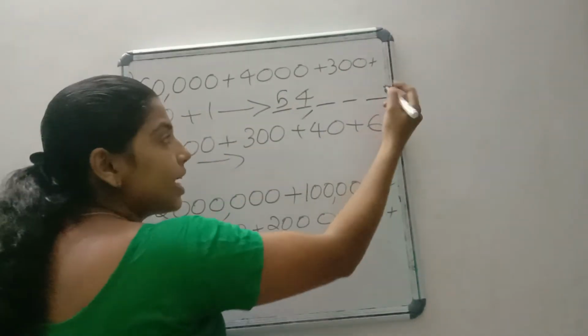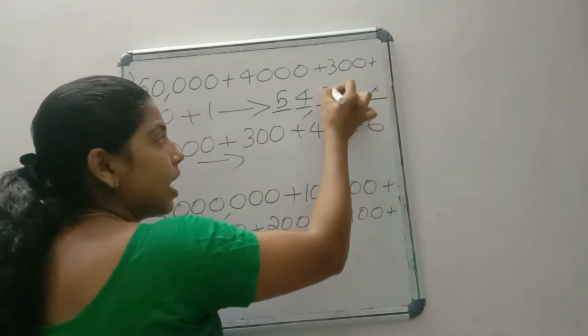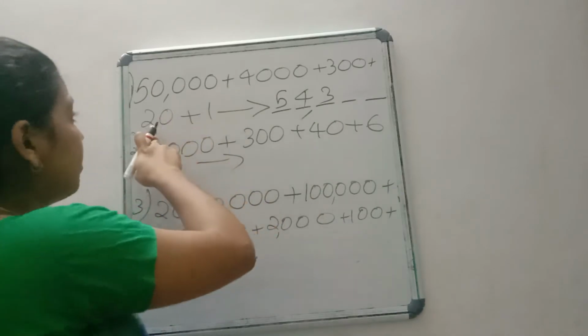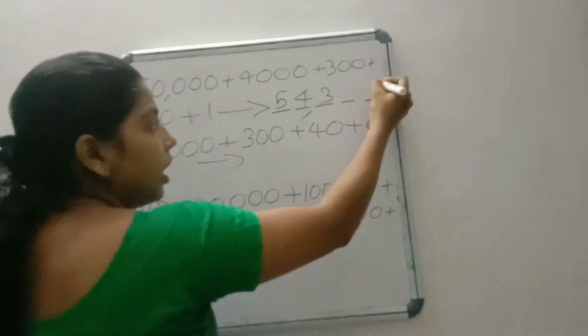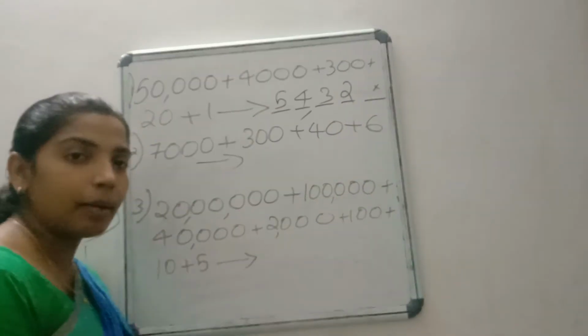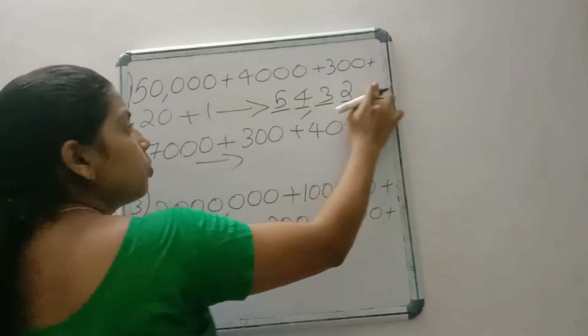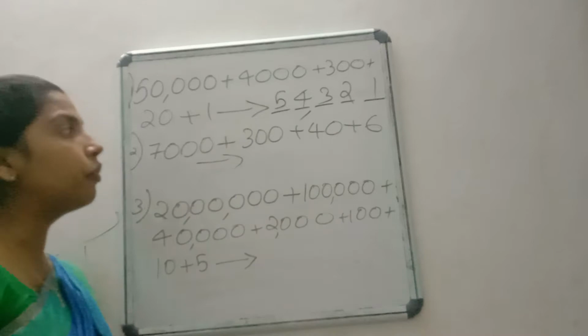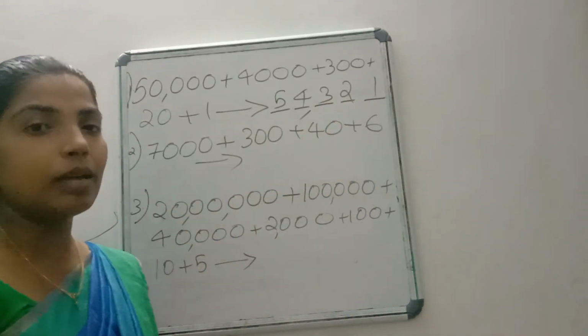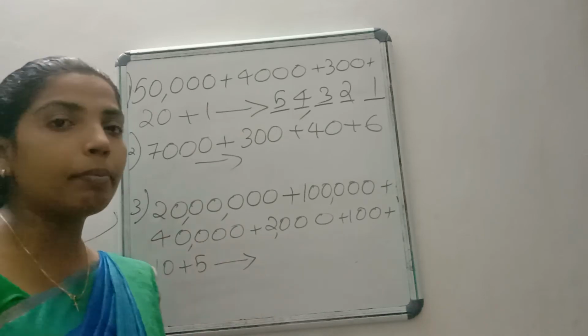So from the right extreme end, leave 2 places and in the next place write 3. Okay, next number is 20. 1 zero is there. Leave 1 place from the right extreme end and write in the next place that number. Now the final number is 1. So our number is 54,321. You should follow these steps. Otherwise you will make mistake.